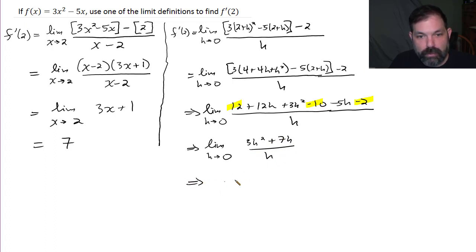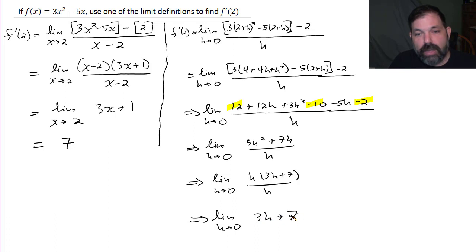We factor. This becomes the limit with h approaching 0 of h times 3h plus 7 over h. We've removed the common factor of h. That's the limit with h approaching 0 of 3h plus 7. And now letting h approach 0, this also gives us 7, as expected. So f prime at 2 is equal to 7, using either definition.